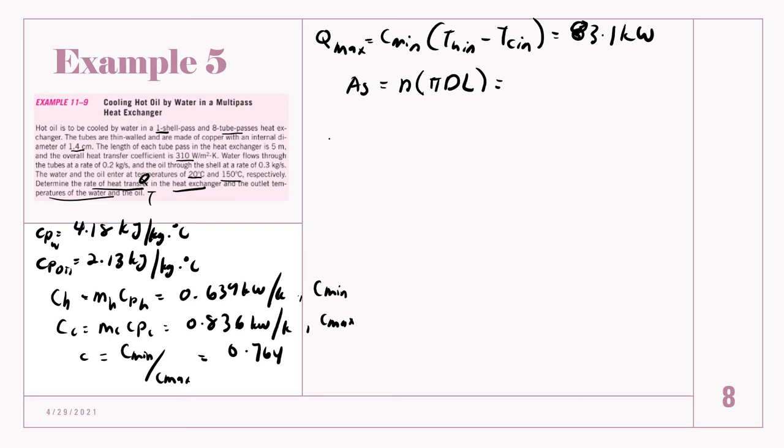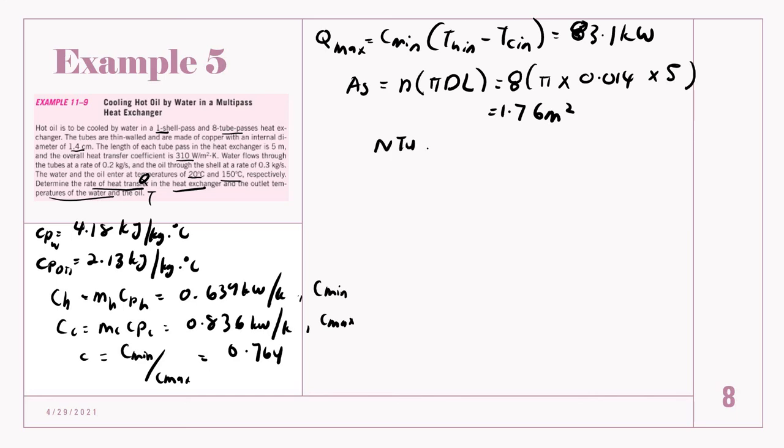In the question given, this shell and tube heat exchanger consists of 8 tube passes. So put 8 here, pi, 0.014 times length is 5 meter. So you will have 1.76 meter square.